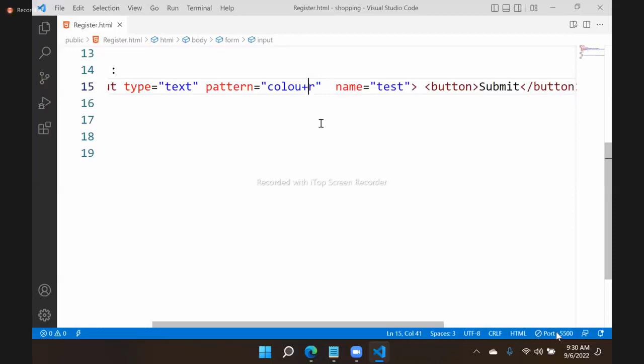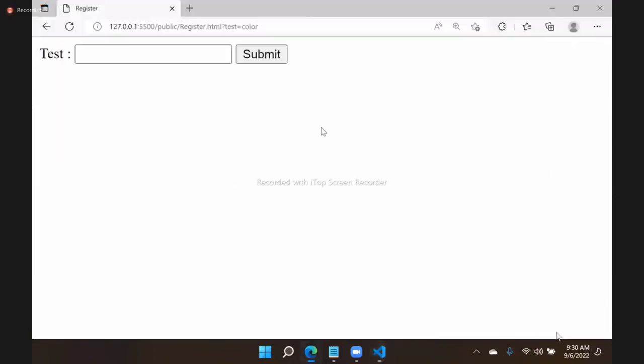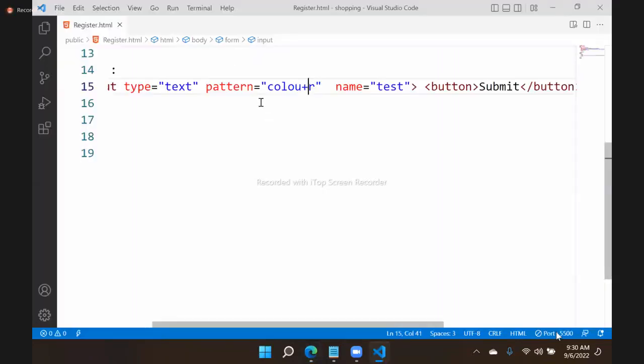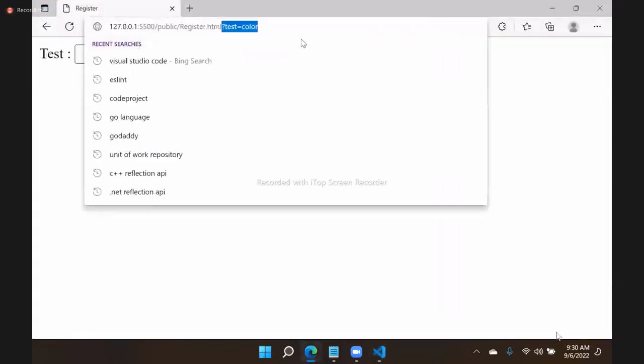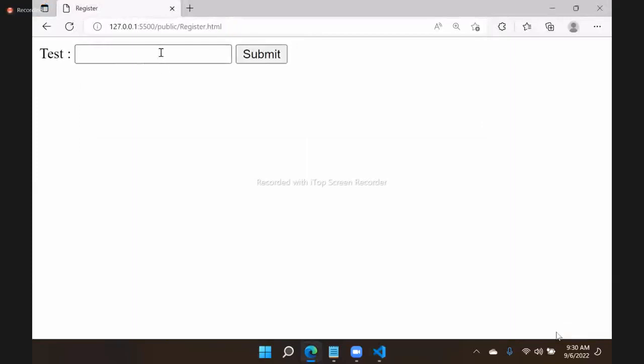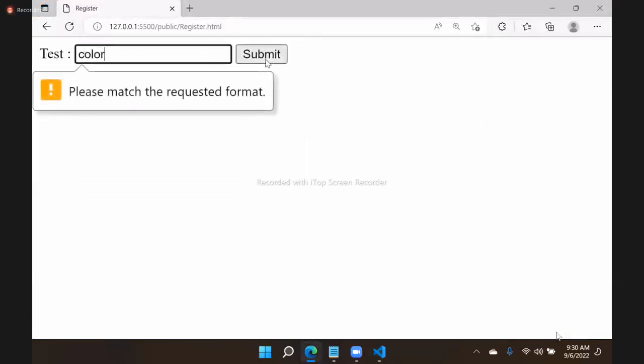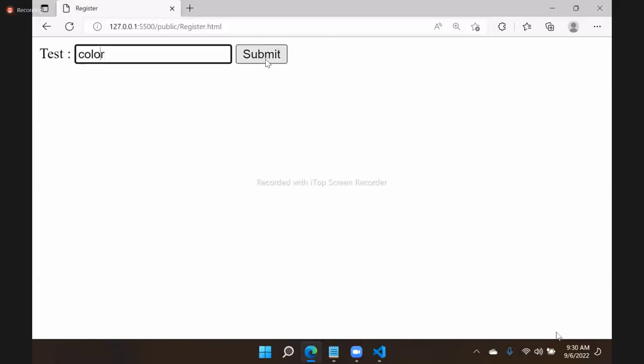So plus means it can be more than one, but it must be there. Suppose I am now typing here COLOR and submit, it is not allowed, because plus indicates that the U occurrence must be minimum one.